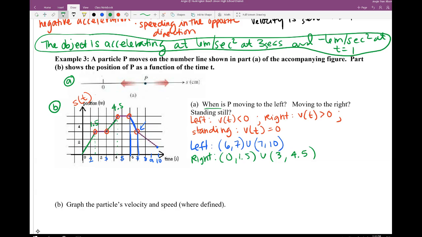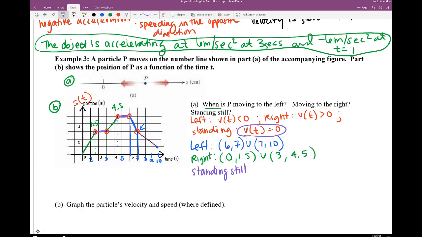Now, when is it standing still? Let me use a different color. Keep in mind standing still is when the velocity is 0, which means the slope is 0. It's right there. Can you see that? And right there.